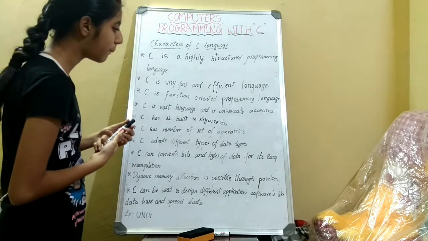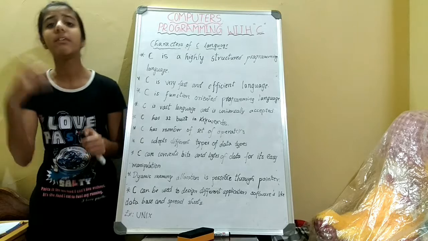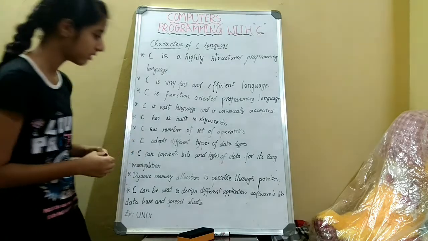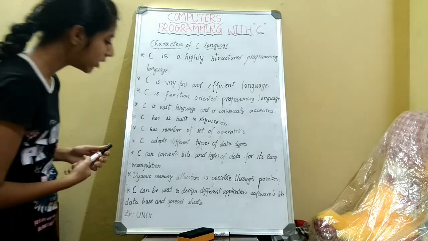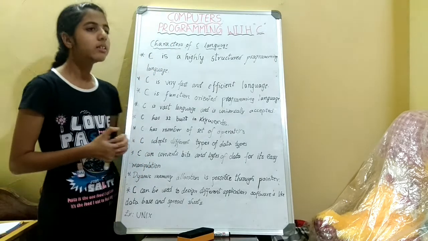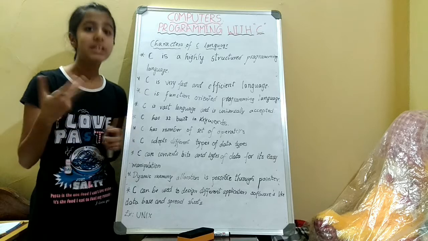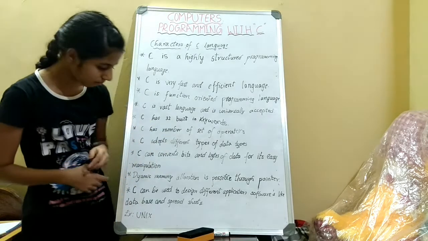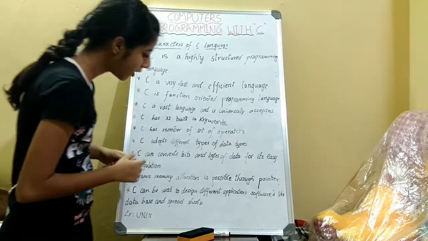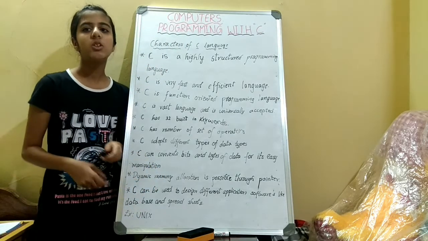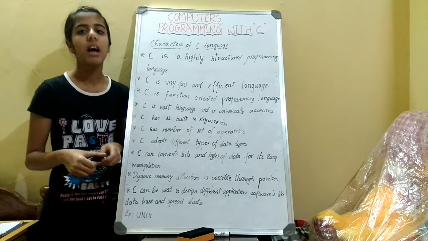C adopts different types of data. What is data type? I am going to explain in the next class. C can convert bits and bytes of data for easy manipulation. Dynamic memory allocation is possible, so it can store more data in memory.